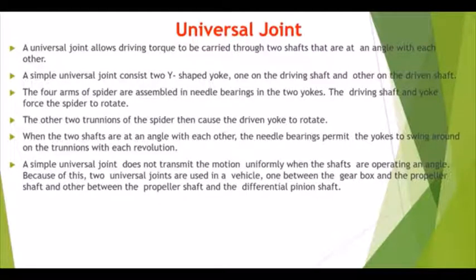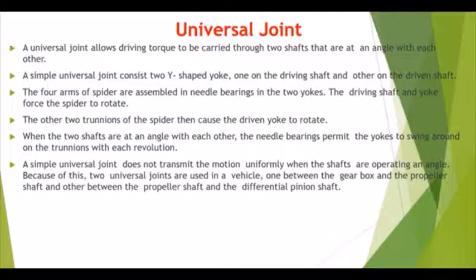It is used in power transmission for rotary motion in all automobiles. It transmits your power from your gearbox to the rear axle. The driving shaft rotates at a uniform angular speed, whereas the driven shaft rotates at a continuously varying angular speed.